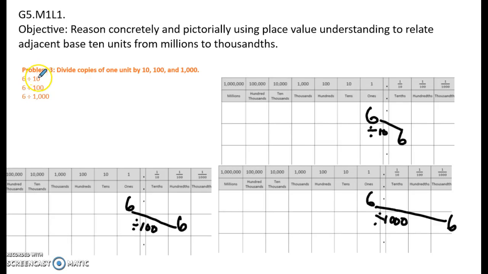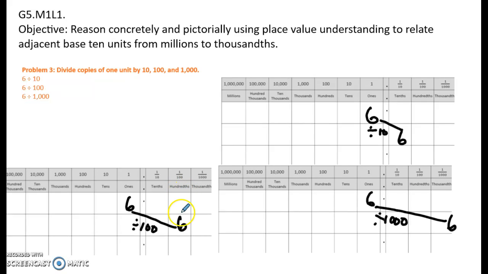In this problem, we're looking for a series of division problems with patterns to follow. So first, we're going to do 6 divided by 10. So here, 6 divided by 10, we get 6/10. 6/10 is 1/10 of 6. In this problem, we have 6 divided by 100. We get 6 hundredths. 6 hundredths is 1/100th of 6.